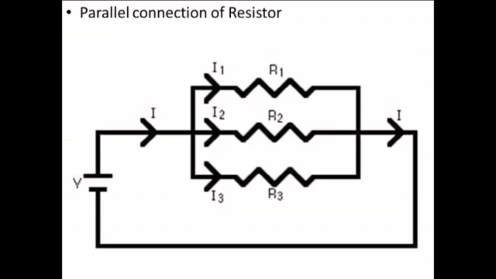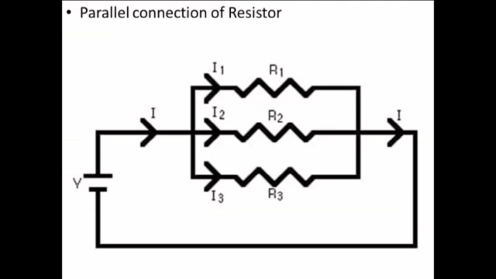Some important points for parallel connection of resistors. The reciprocal of equivalent resistance R is equal to the sum of the reciprocals of individual resistors. It is different from that of series connection.